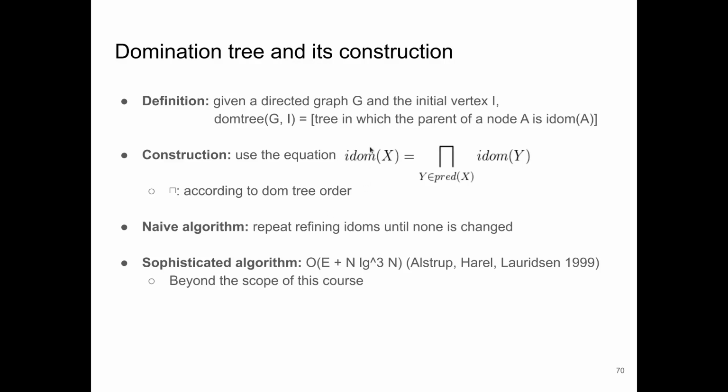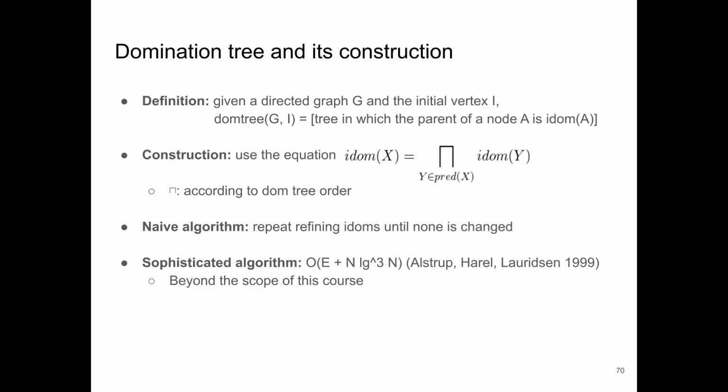And we have this equation: the immediate dominator of x should be the least element of the dominators of y, where y ranges over the predecessors of x in the graph G. Let's say this is the set of predecessors of x in G. Predecessor means there is an edge from y to x in G. So y is a predecessor means there's an edge from y to x here.